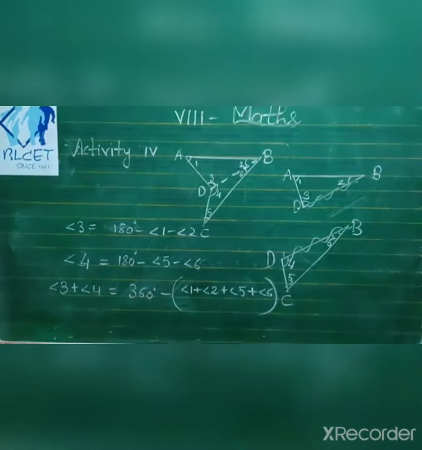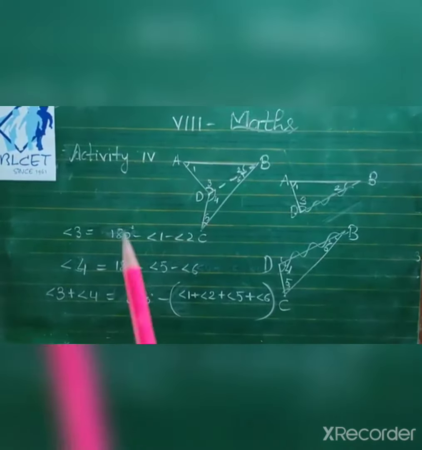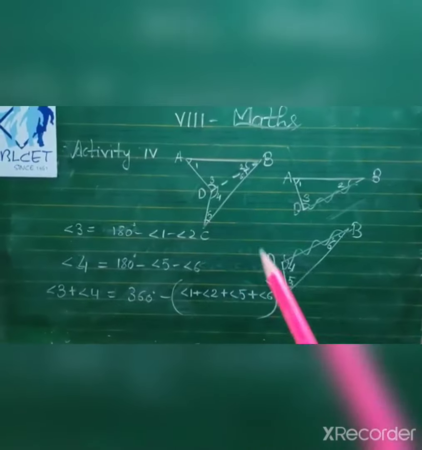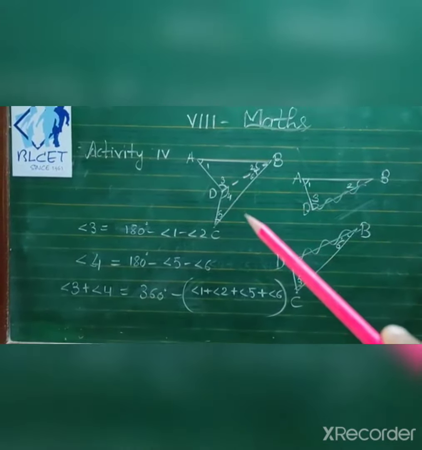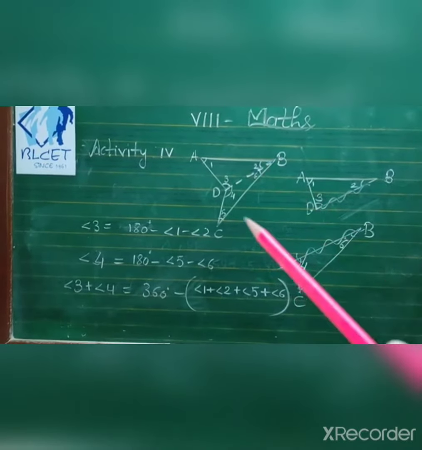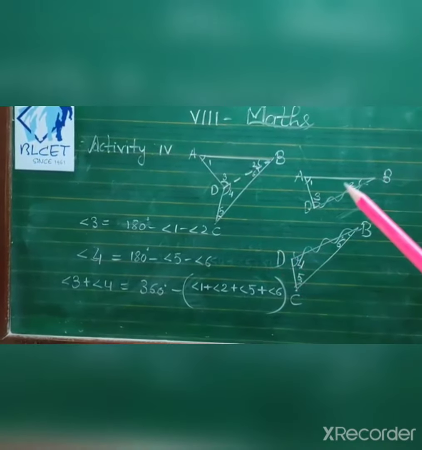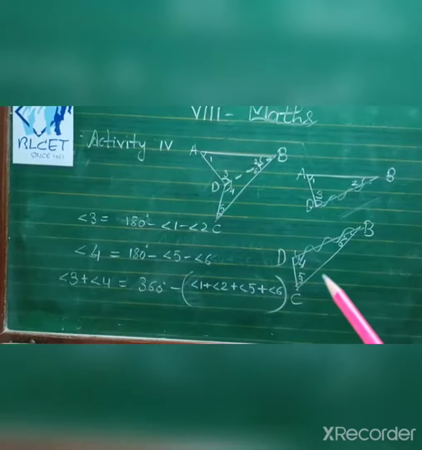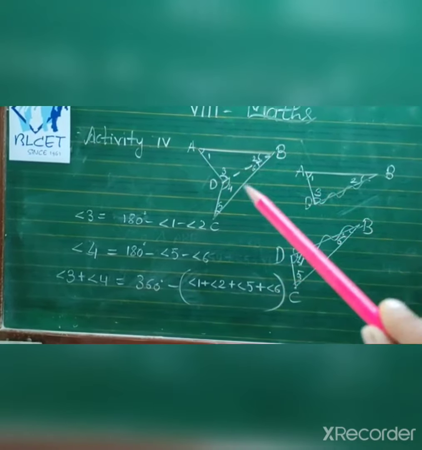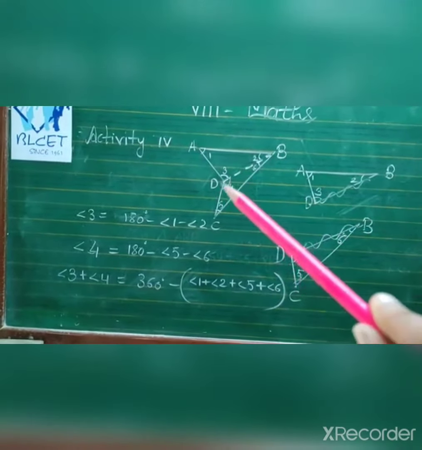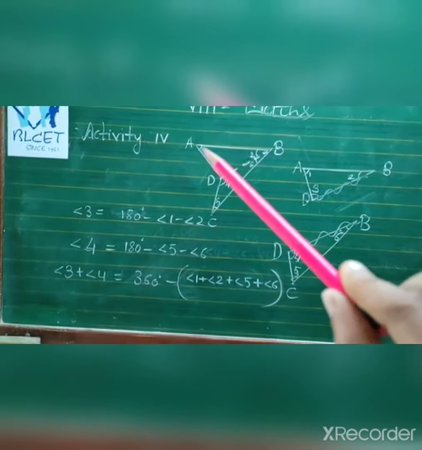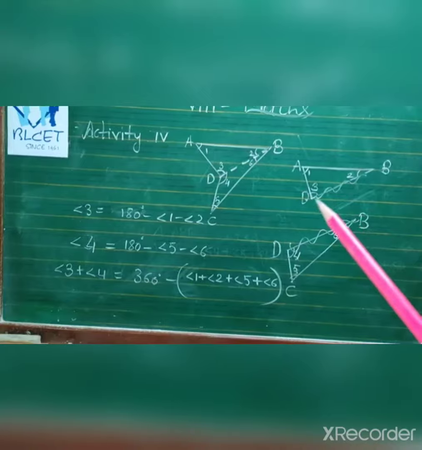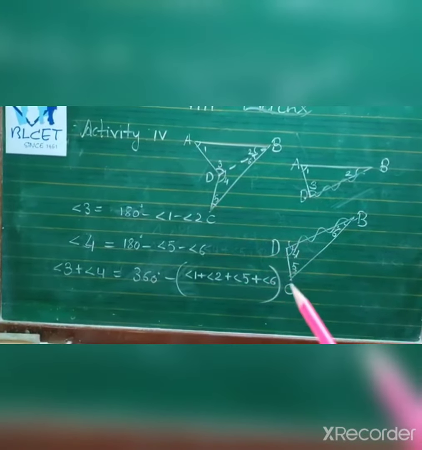Now for the next activity, the concave quadrilateral. So what you will do? Diagonally you will divide this concave quadrilateral into two triangles. You can see ABD and then DCB. The angles are named 1, 2, 3, and 4, 5, 6.